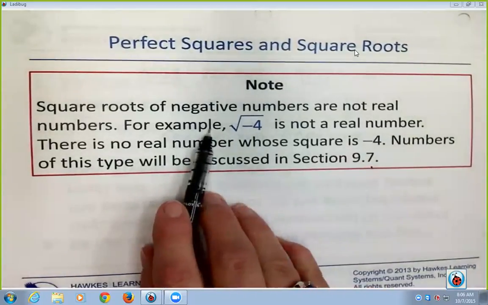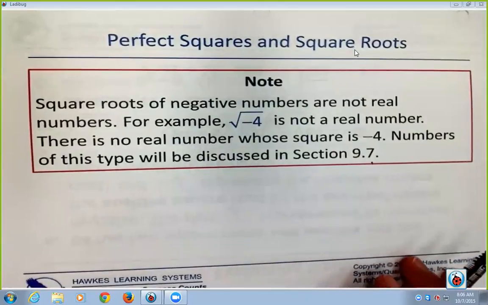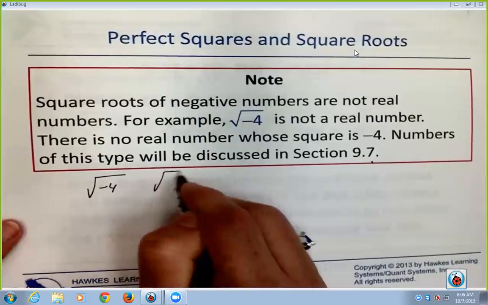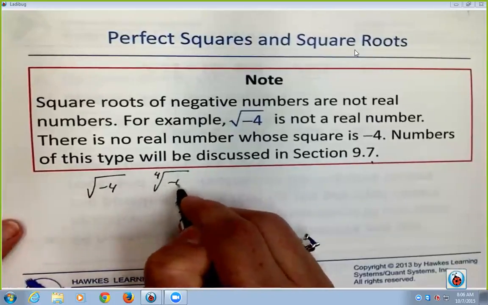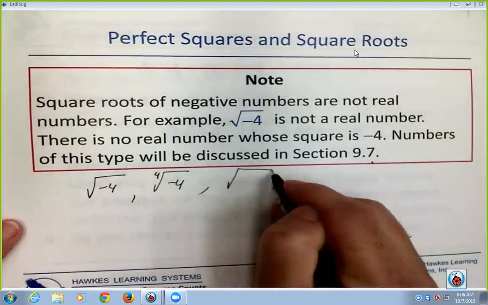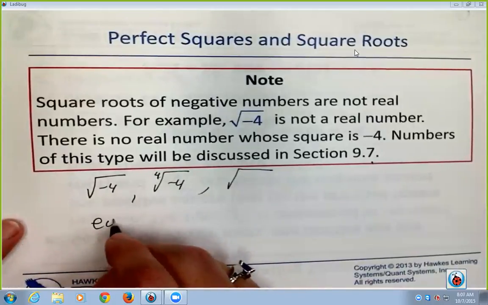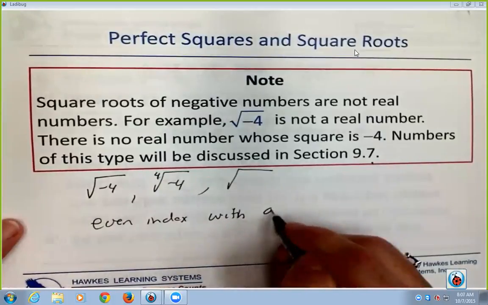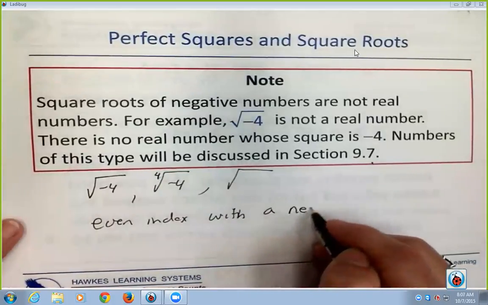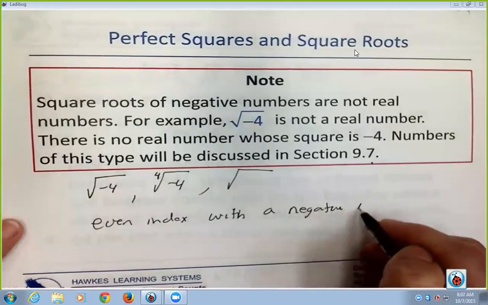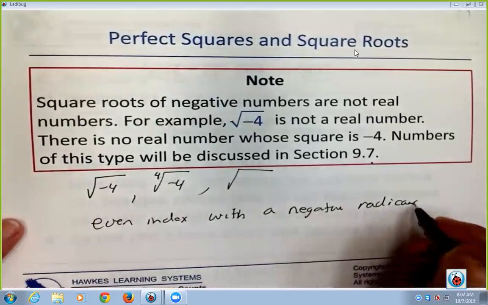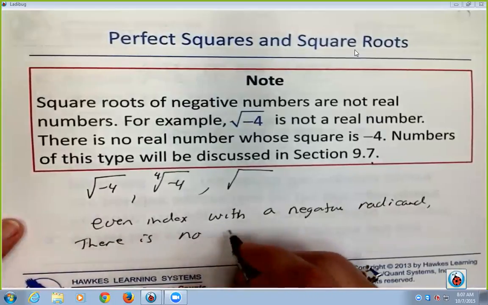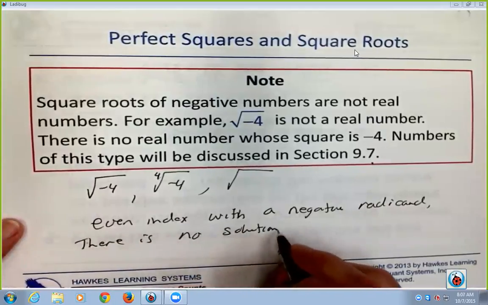The thing about negative numbers: if you have a negative number under a radical, such as negative 4, with any even root, so an even index with a negative radicand, there is no solution right now.